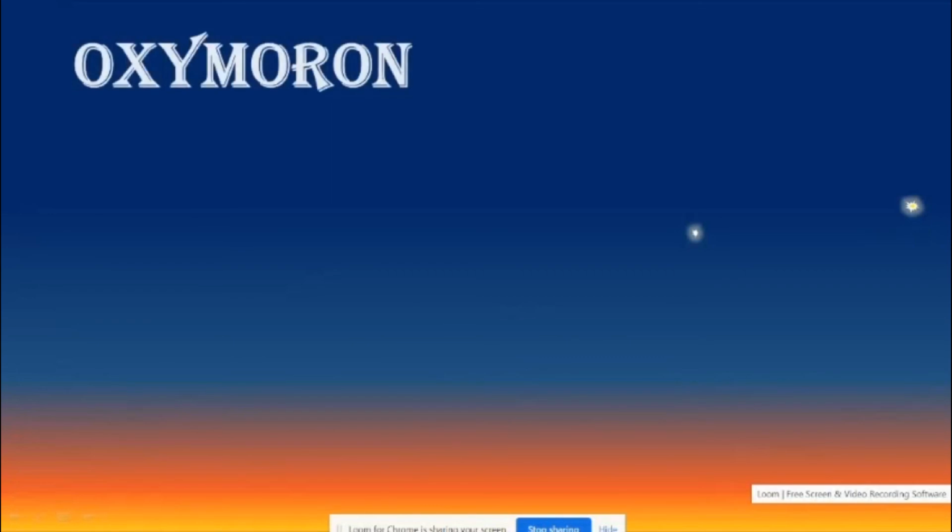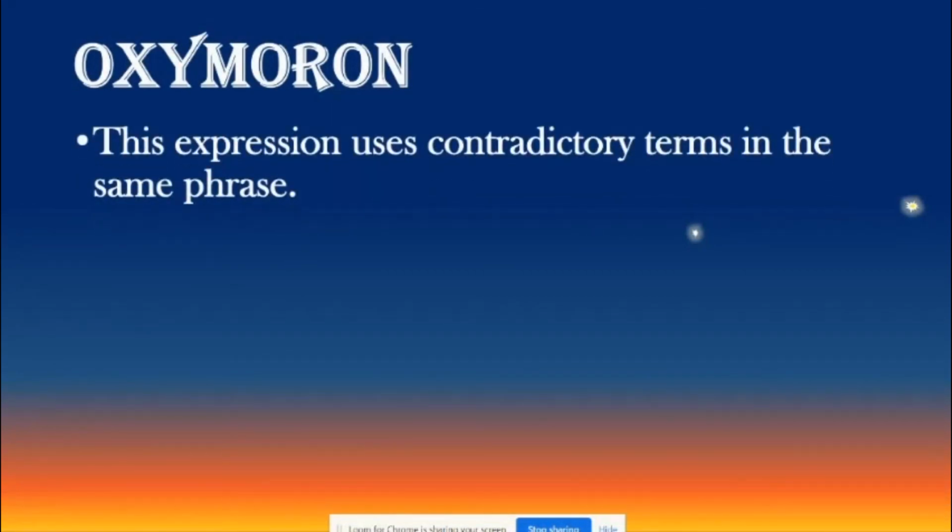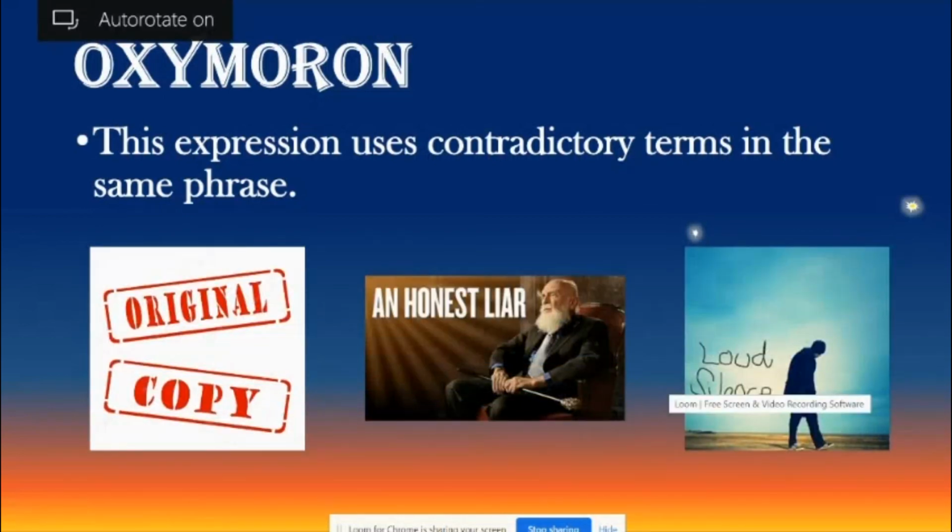Next figure of speech, we have the oxymoron. This expression uses contradictory terms in the same phrase. It uses mainly two words that means the exact opposite of each other, and you place them near or beside each other. So we have original copy.